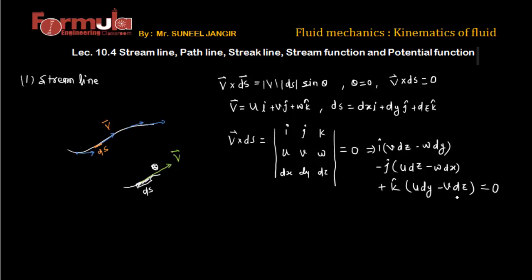Now, for this whole term to be equal to 0, every term here should be equal to 0, because if only one term is 0, the whole term is not going to be 0. So all three terms should be 0 here. To satisfy this condition, we can say v dz minus w dy equals 0.